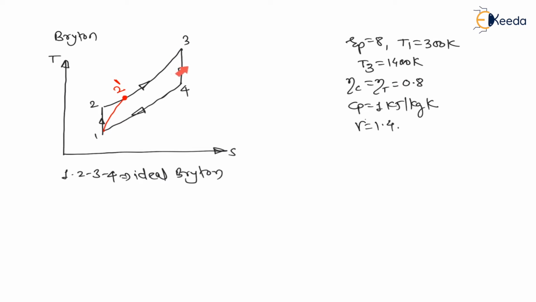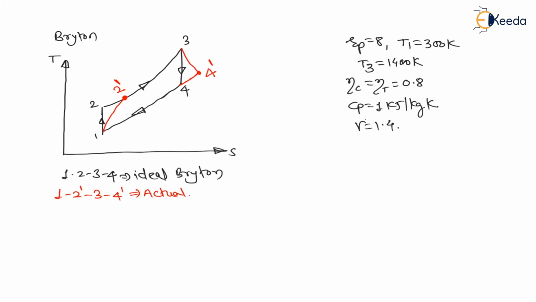Because of friction in turbine, at turbine exit the temperature will be more than the isentropic, that is ideal case. Therefore 4 will go to 4 dash, and from 4 dash to 1. We have seen this in basics, in the actual gas turbine cycle. Now 1, 2 dash, 3, 4 dash is the actual cycle.